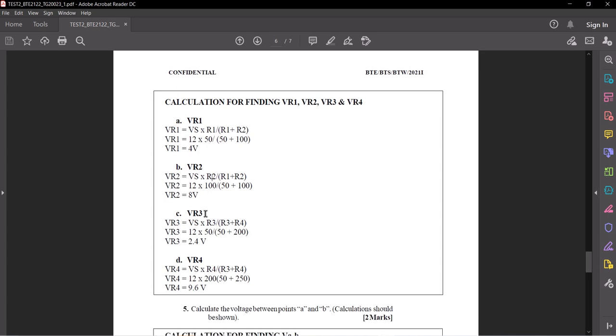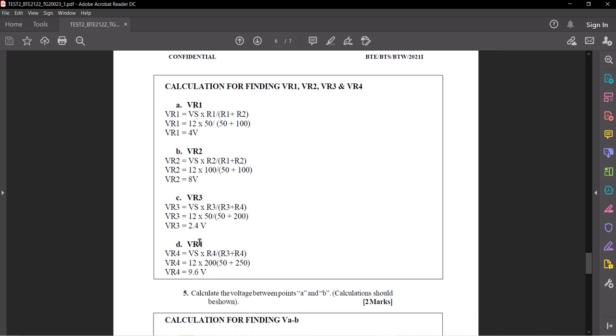For VR3, we use R3 divided by R3 plus R4, which is 12 volts times 50 over 250. Why we use 200? Because we use 100% of the R4. Now we get VR3 is 2.4 volts.